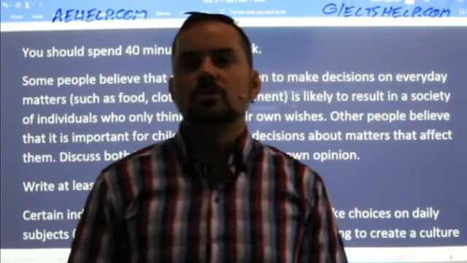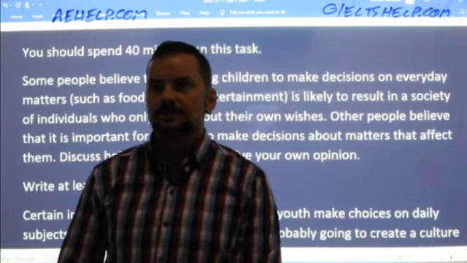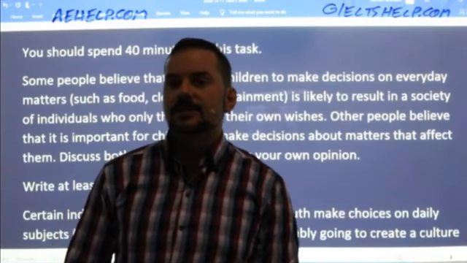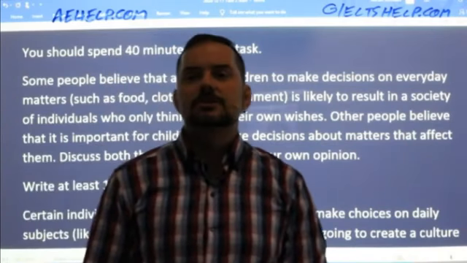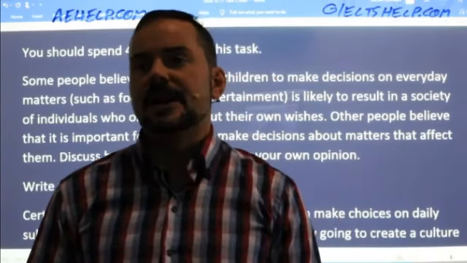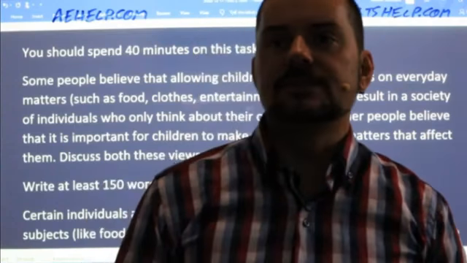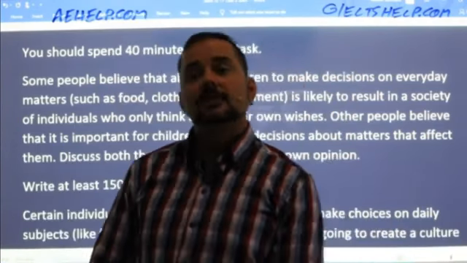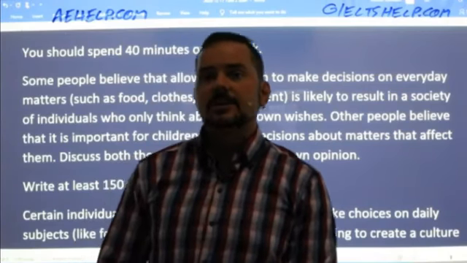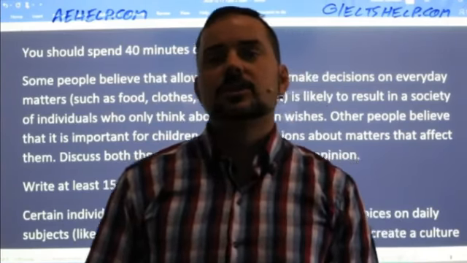Fennel says it's controlling children's decisions. It's still not the right answer, I think. Abhishek says children's choices on everyday matters. Okay, Ferdov says the topic is controlling the choices of the young generation. I don't think so. Okay, I think those are still just controlling ideas.